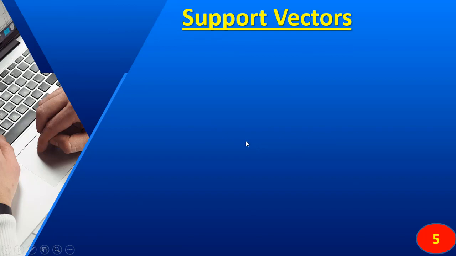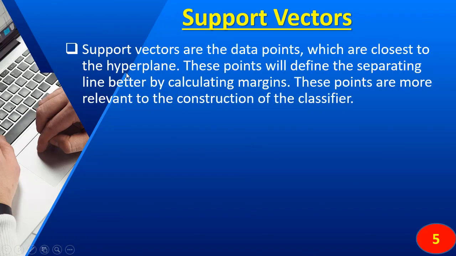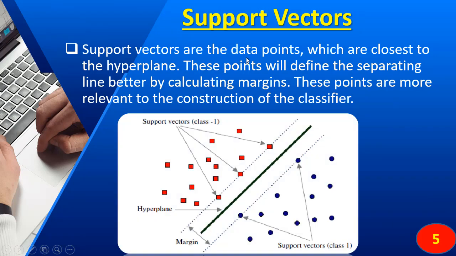Support vectors. Support vectors are the data points which are closest to the hyperplane. Suppose this is a positive dataset and this is a negative dataset.